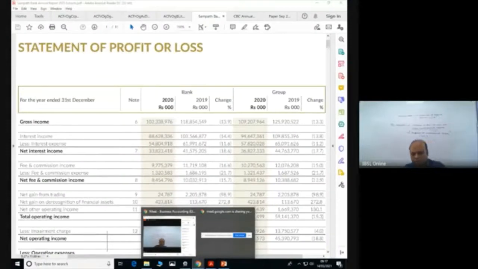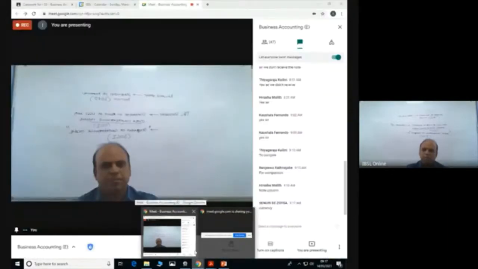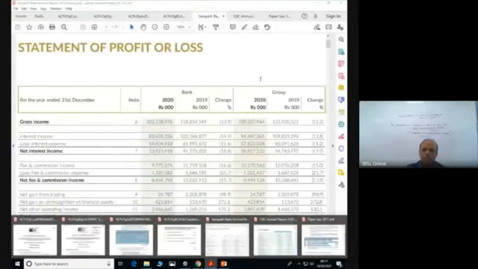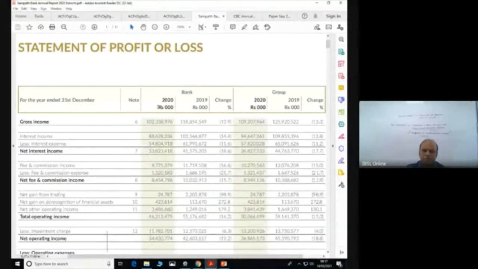Note is, yes, that is also important, but more than that, there is another important element which we learn shortly. The last slide that I showed you had this. What is that? Yes, very good. The currency. Rupees 1000, they say rupees 1000 here. Did you see that? Just below the 2020, they say rupees 1000.